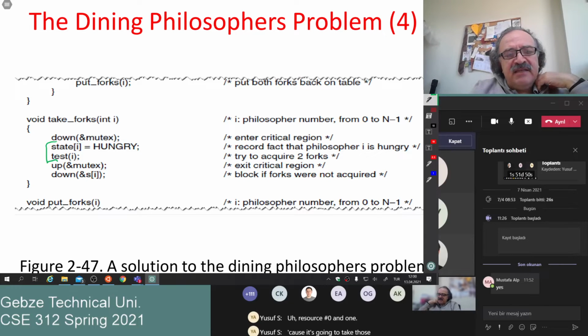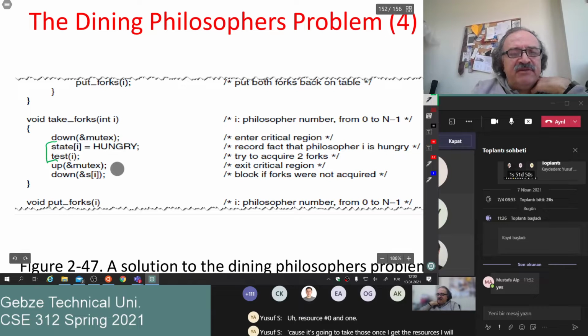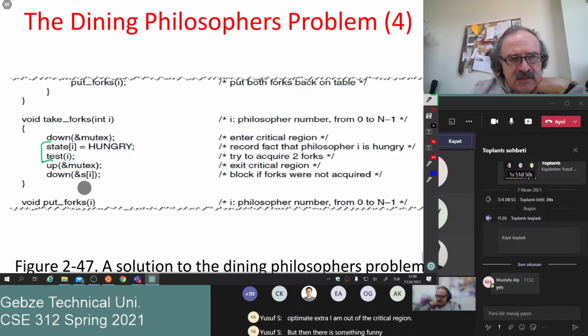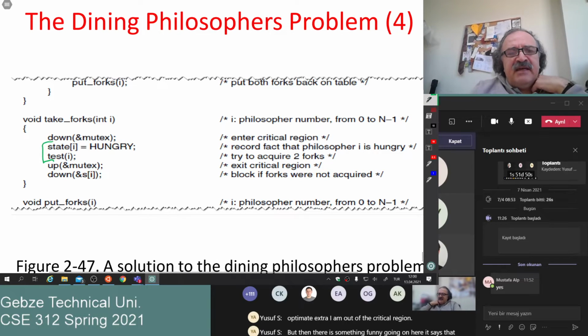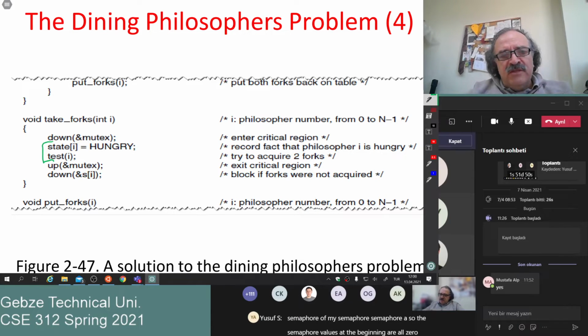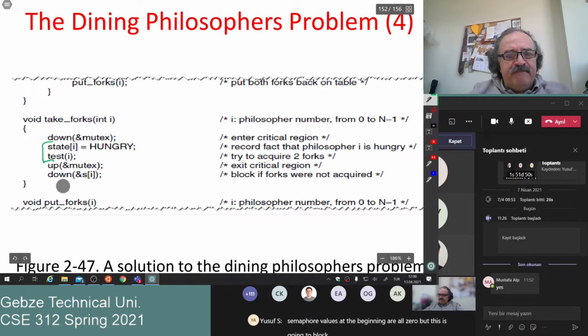Once I get the resources, I will up the mutex, so I am out of the critical region. But then there is something funny going on here. It says down Si. Remember the semaphores? It is trying to down the semaphore of my semaphore array. The semaphore values at the beginning are all 0. So this is going to block myself.